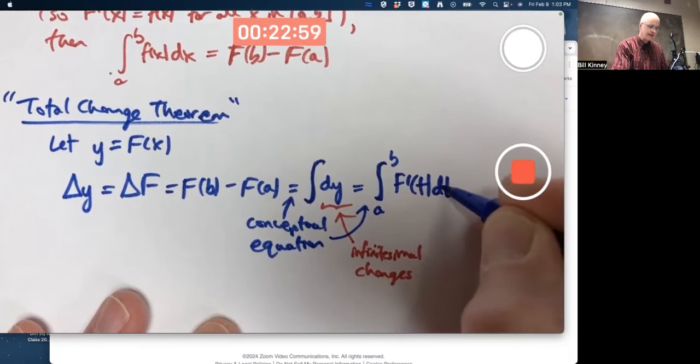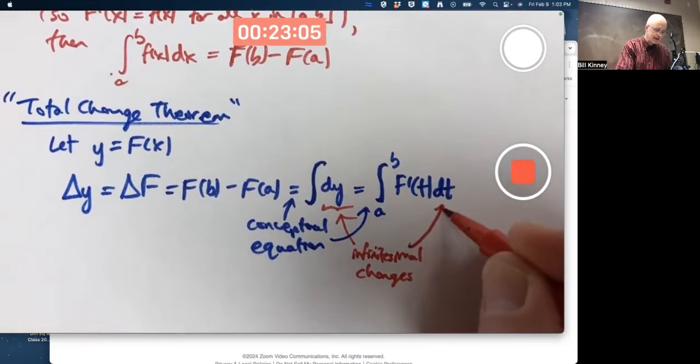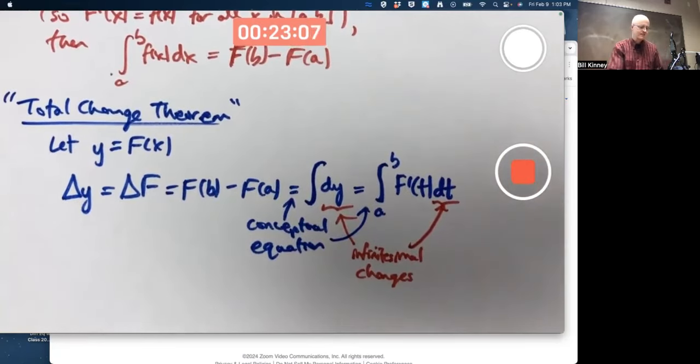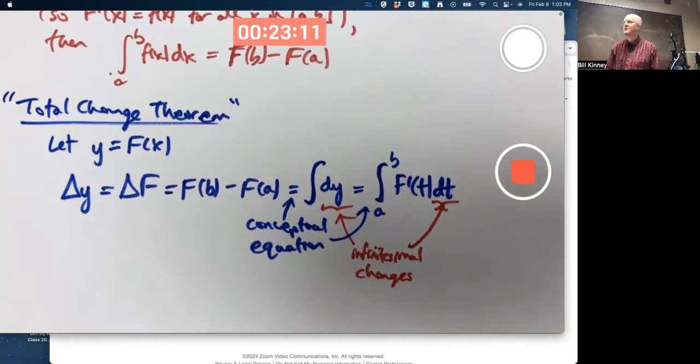Capital F prime of t dt, where dt represents infinitesimal changes as well. dt is an infinitesimal change in time. dy is an infinitesimal change in y, which could be a displacement or a volume, or an amount of money if it was a flow rate for an amount of money. I'm using t here instead of x because I'm imagining it to be time.